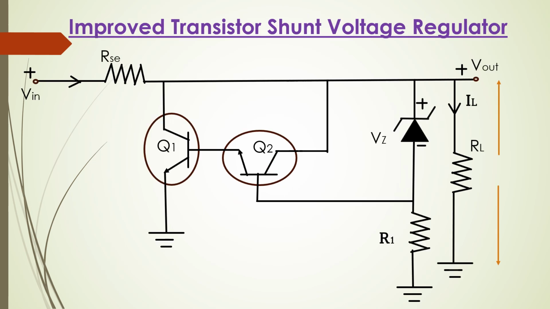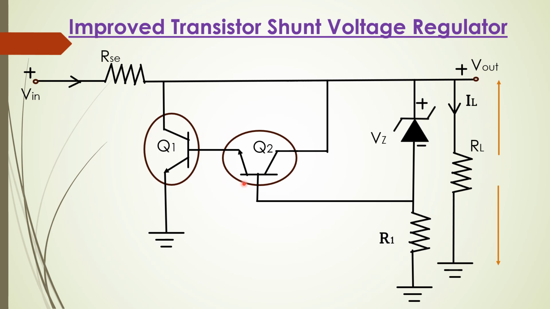This is the improved version of the transistor shunt voltage regulator. Here we have one more transistor connected. The Zener diode provides a reference voltage so that the voltage across the RL senses the output voltage. As Vout tends to change, the current shunted by Q1 also varies, and because of this the output voltage is maintained constant.